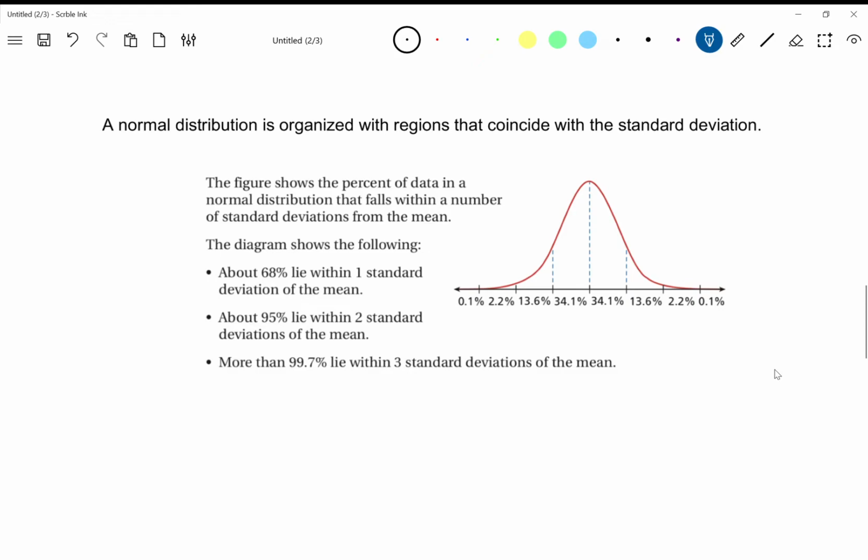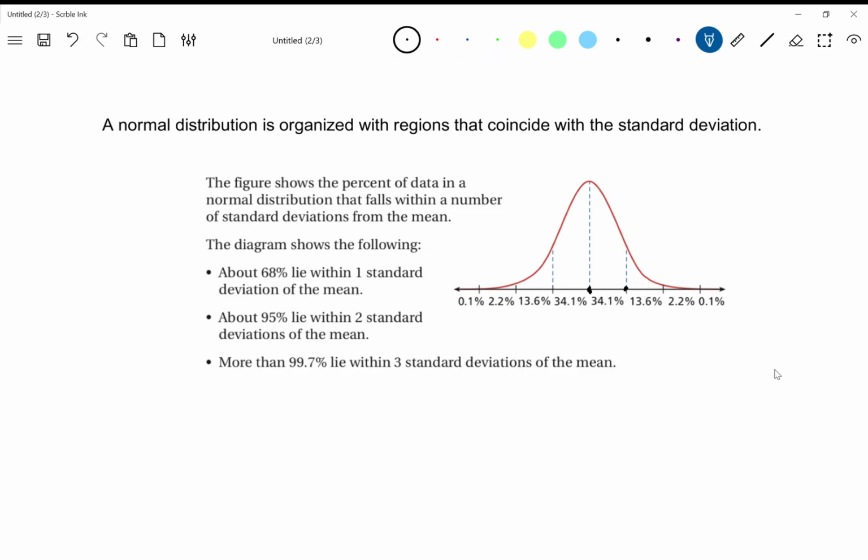What happens with a normal distribution is they're broken up percentage-wise like this. These dotted lines are represented by standard deviations. If this is the mean, one standard deviation would be right here, and 34.1% of the information lies within one standard deviation.